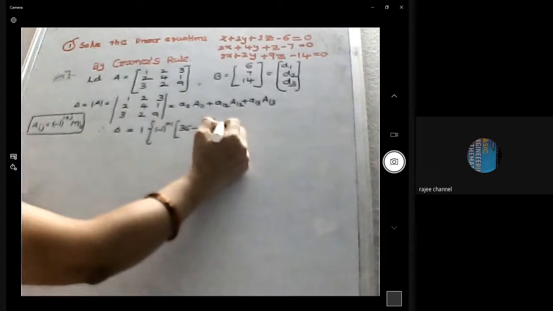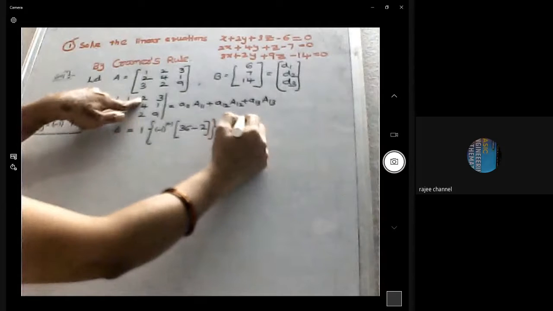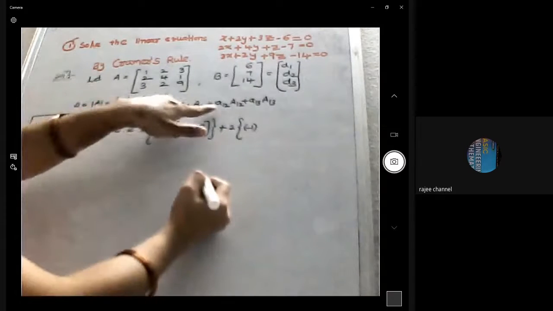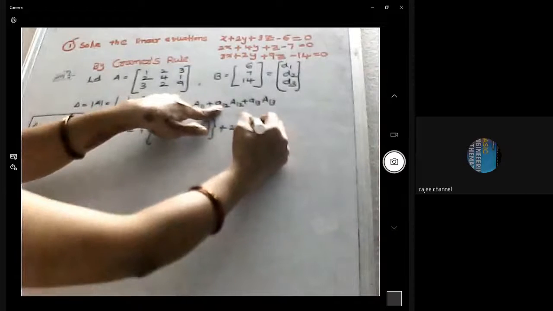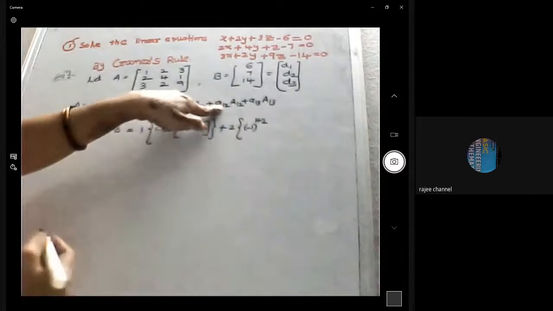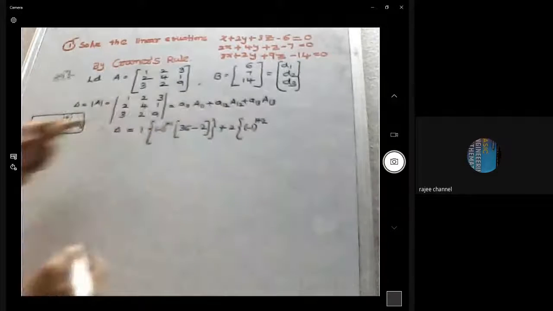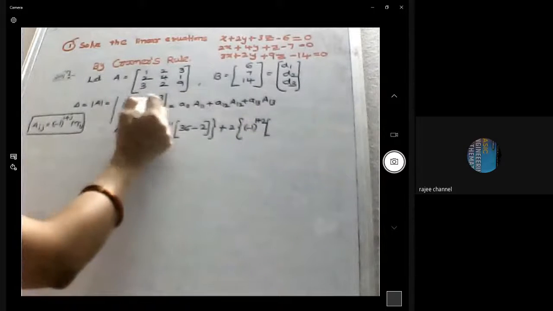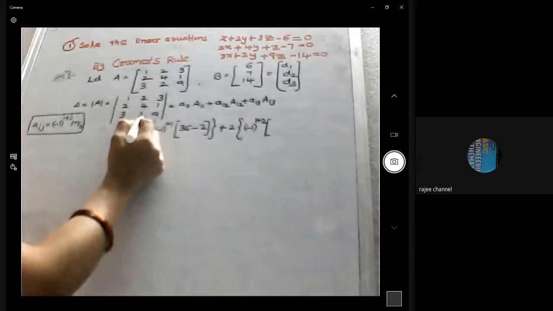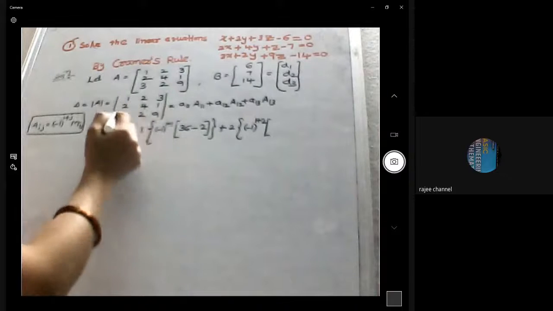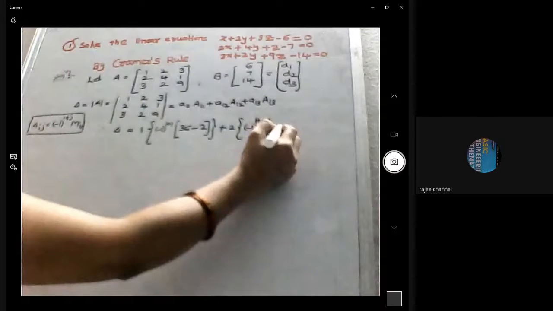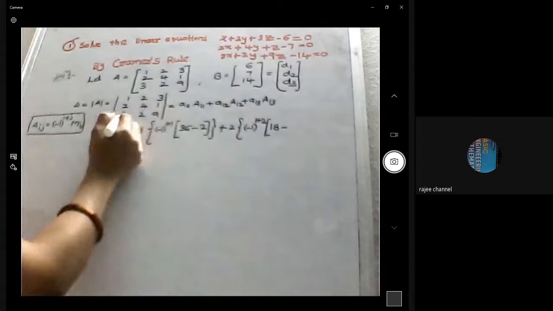Next, A12 equals minus 1 to the power of 1 plus 2, first row and second column, with the determinant of the remaining elements: 2 nines are 18, minus 1 into 3, 3.